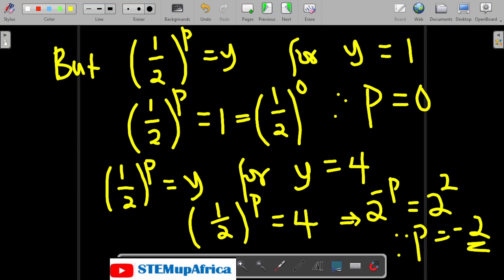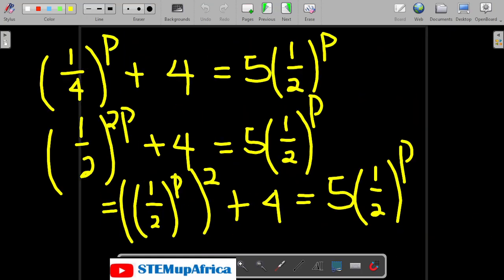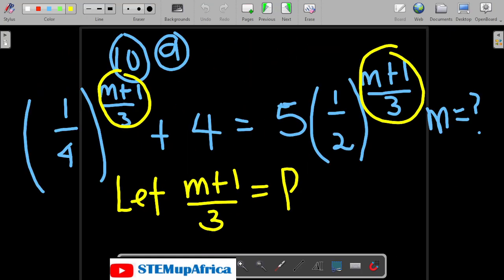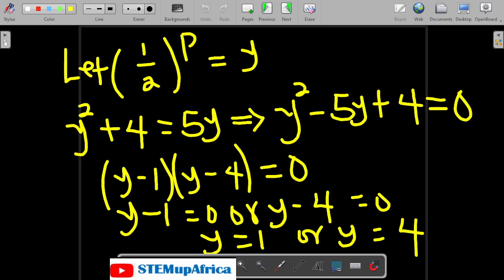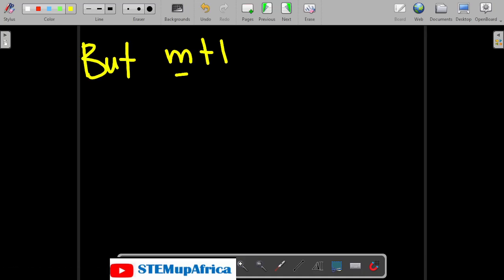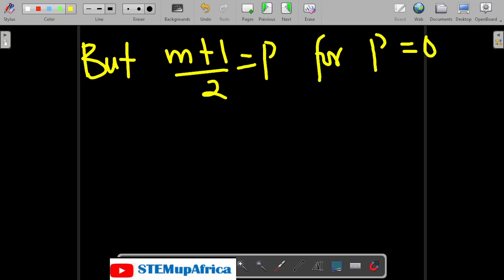Don't forget, we are not also looking for p. We also replaced something as p, which is what? n plus 1 over 2 equals to p. So let's do that. For p equals to 0, let's simplify that.